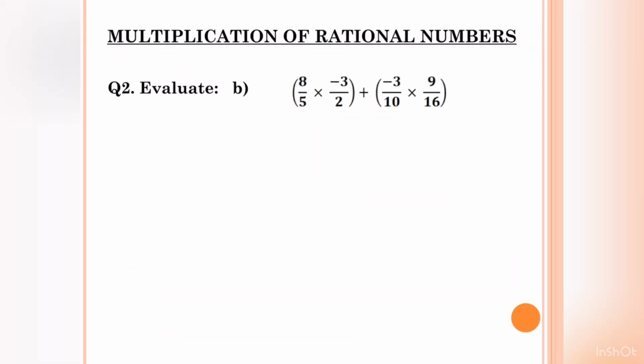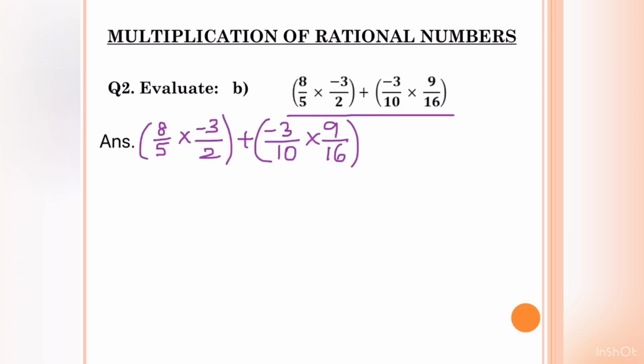Next question. Evaluate 8 by 5 times minus 3 by 2 plus minus 3 by 10 times 9 by 16. Now in this expression, first we will simplify inside the brackets. In the first bracket, we have 8 by 5 times minus 3 by 2.